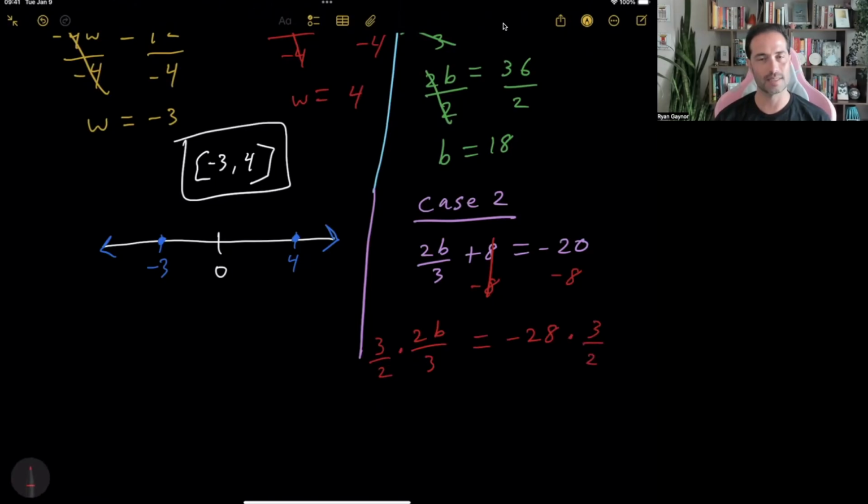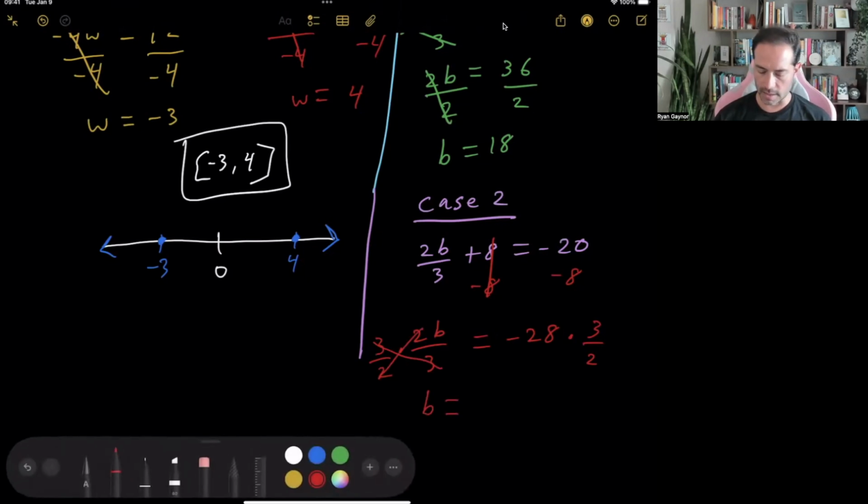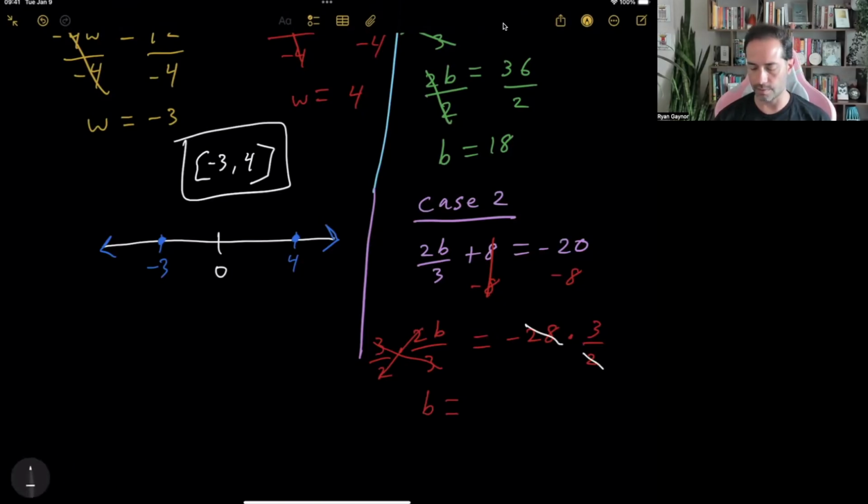This is the same thing I did earlier, just in one step instead of two. So 3 divided by 3 cancels out, and 2 divided by 2 cancels out. b is left alone. And then I have negative 28 divided by 2, so that's negative 14. And then negative 14 times 3, that's negative 42.